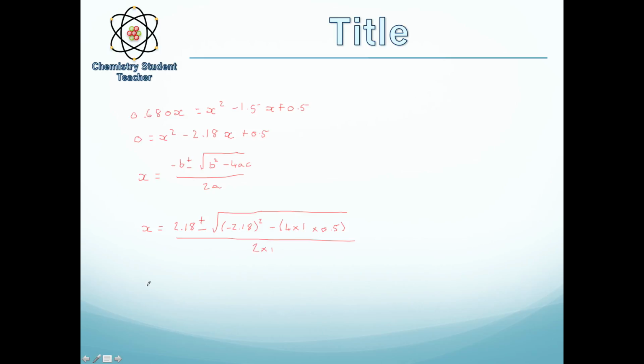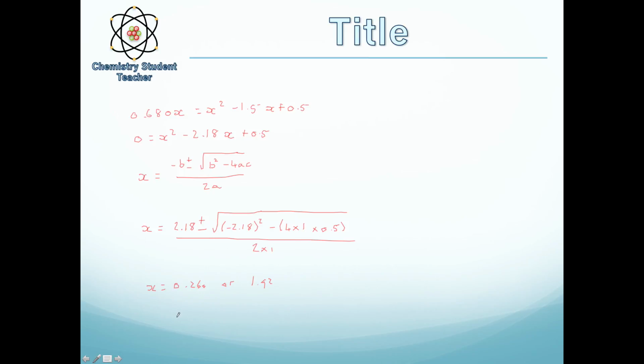And when we put this in the calculator, we get x equals 0.260 or 1.92, because we've got this plus or minus symbol, so you put in plus, you get one value, you put in the minus symbol, you get another.